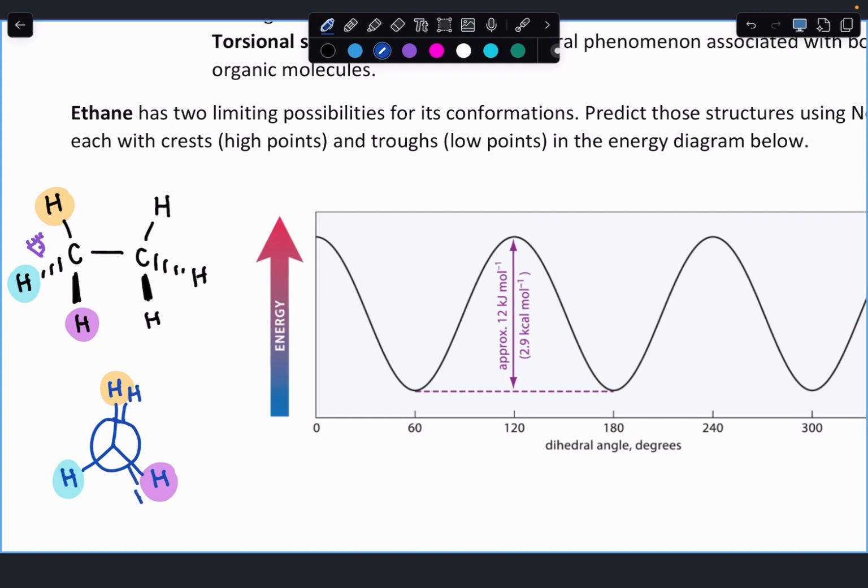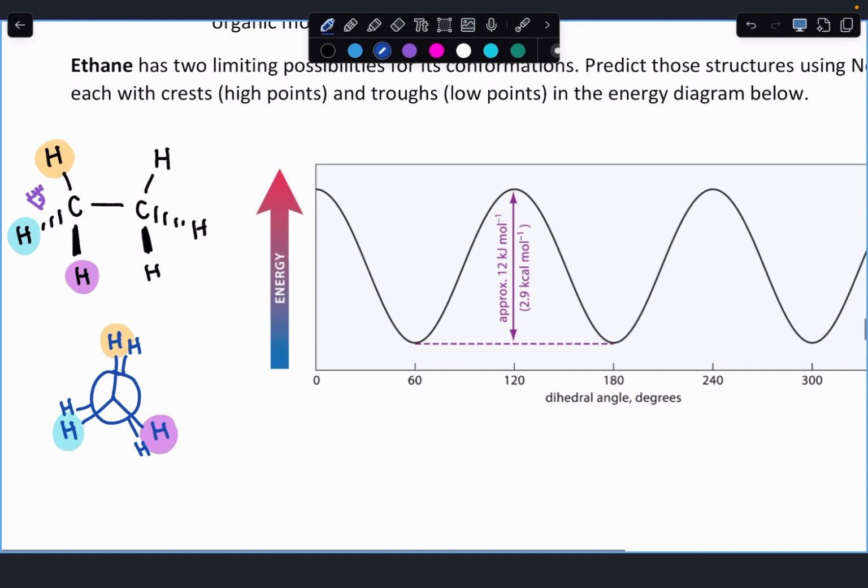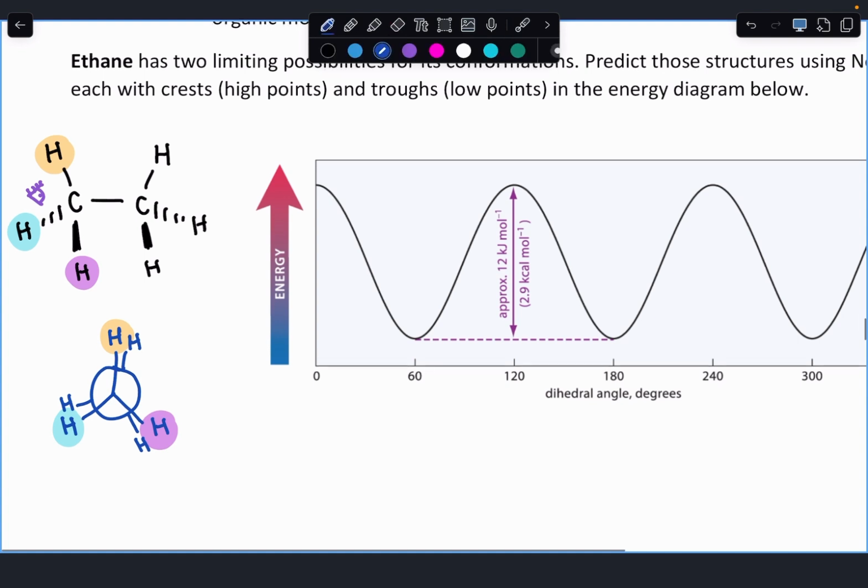And remember, the bond starts at the outline of that circle for the back carbon. So this is the eclipsed conformation.